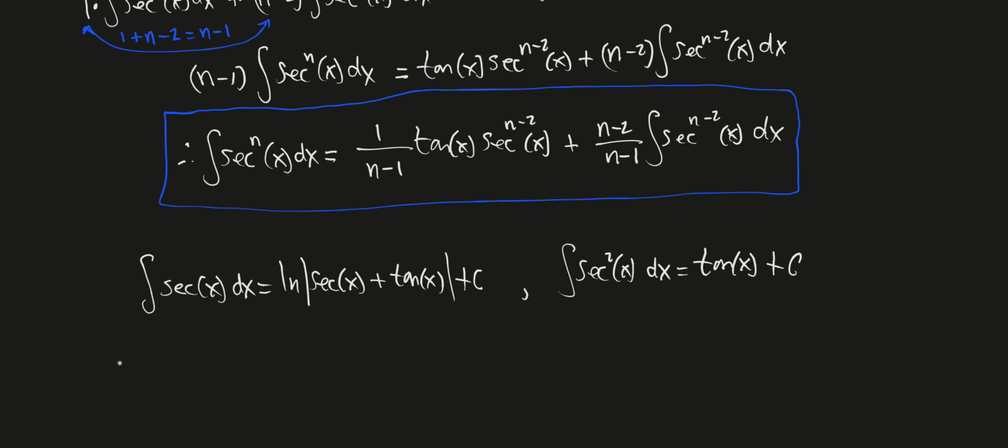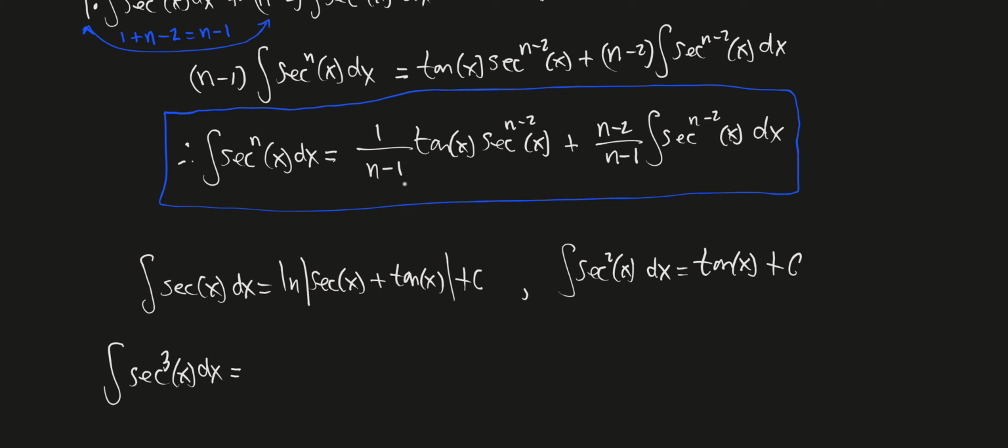So earlier we asked, well, what would it look like, or what is the antiderivative of secant cubed? So now if I have the integral of secant cubed of x dx, what I can do is apply this reduction of order formula and reduce it, because if you notice, the power of the secant on the left hand side is greater than the power of the secant on the right hand side.